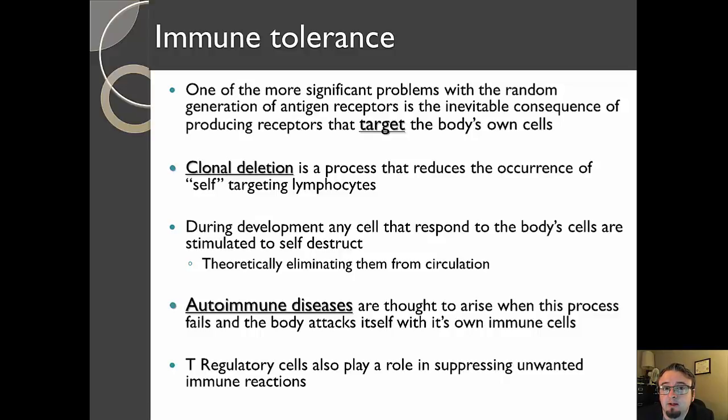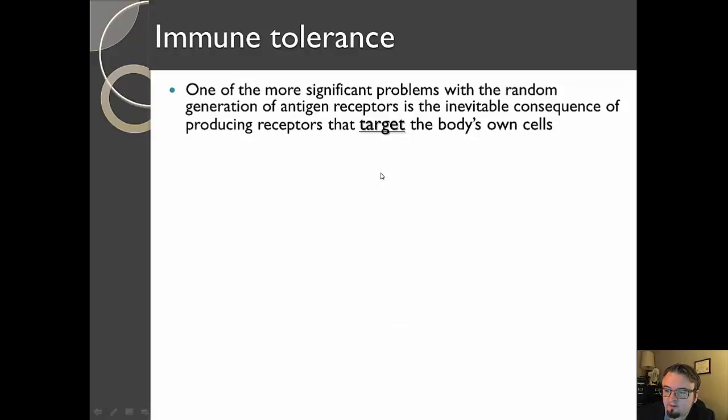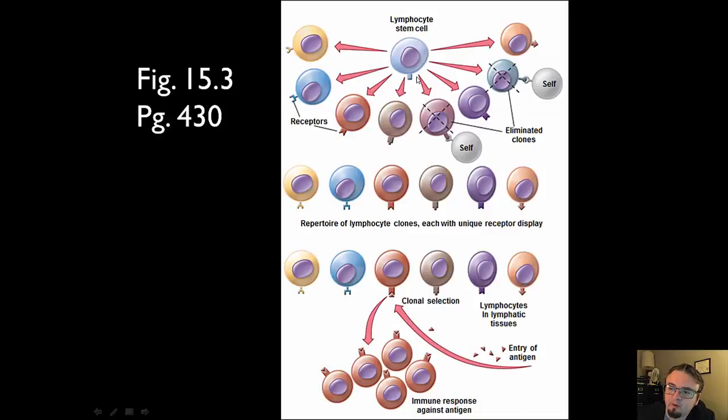So the lymphocyte doesn't have a brain. It doesn't actually have the ability to differentiate the origin of an antigen, whether it came from the body or from an outside source. So the way the body prevents lymphocytes from targeting its own proteins is through a process called clonal deletion. So this is what this figure back here was showing.